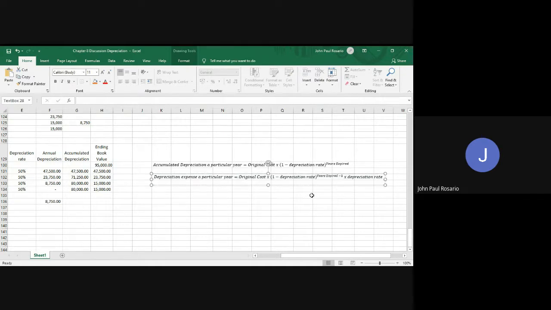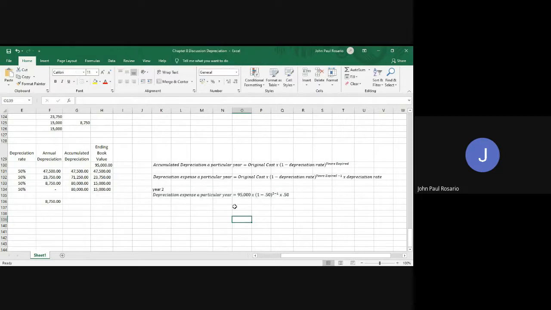Okay. So for example, what is your depreciation expense on year 2? Okay. So our original cost is 95,000, and then you multiply that by 1 less 0.50 raised to the power of years expired, which is 2, right? Since it's year 2, so 2 years expired minus 1, and then our depreciation rate is 0.50.